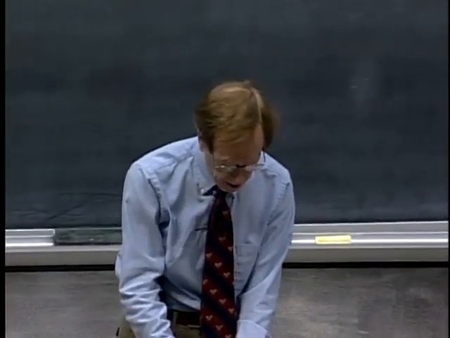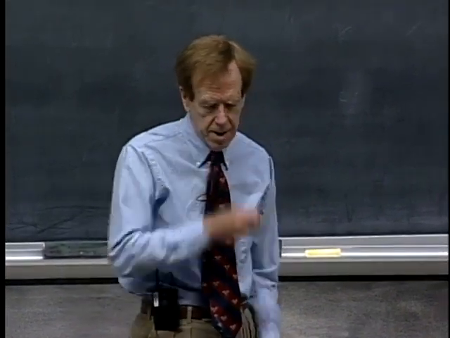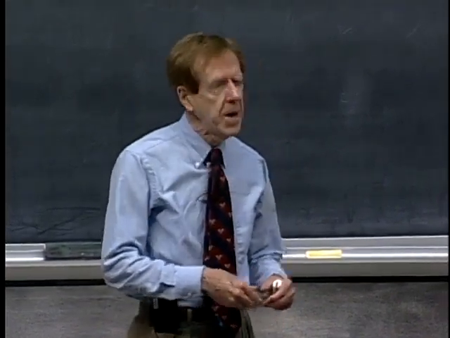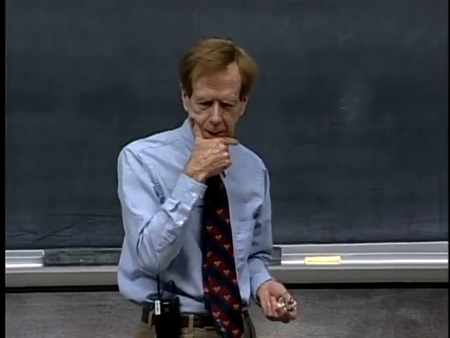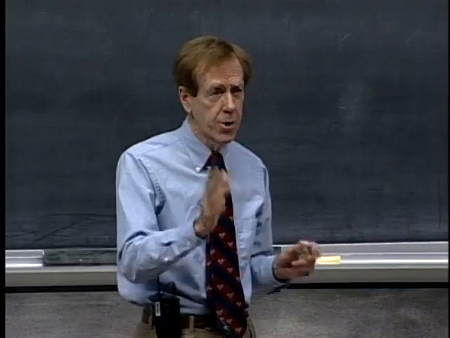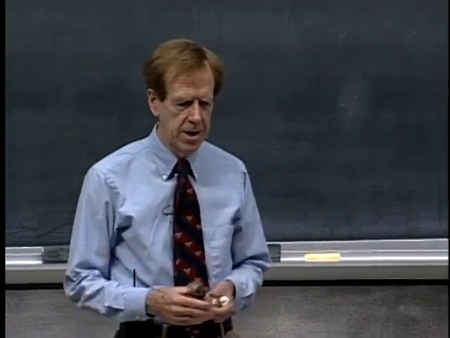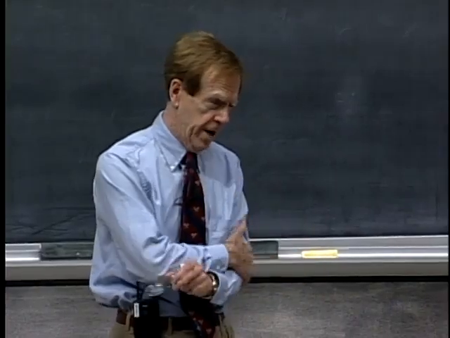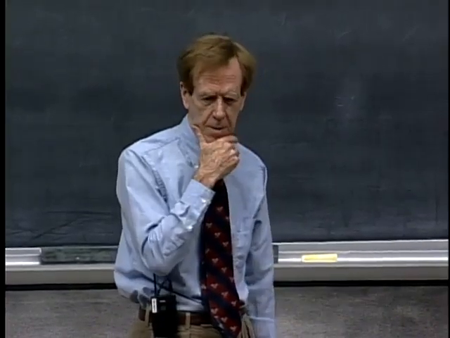Okay. How about this? Look at the space of 5 by 5 matrices as a vector space. So it's actually a 25-dimensional vector space, all 5 by 5 matrices. Look at the invertible matrices. Do they form a subspace?